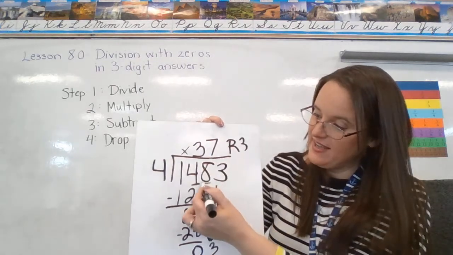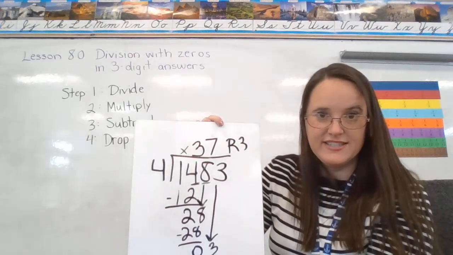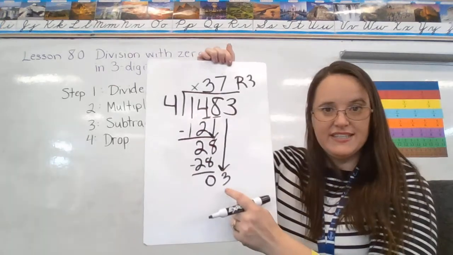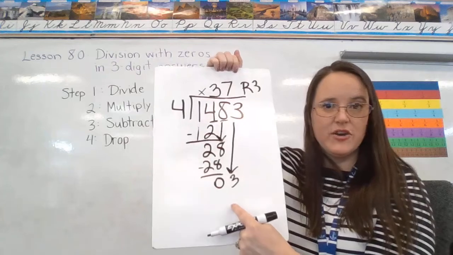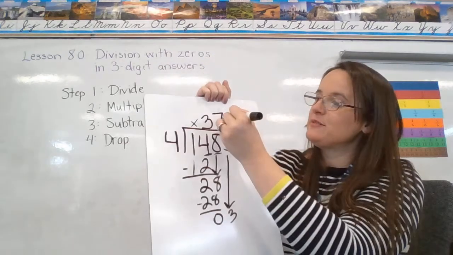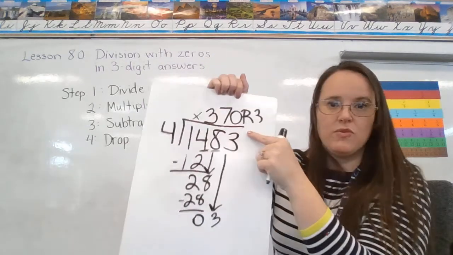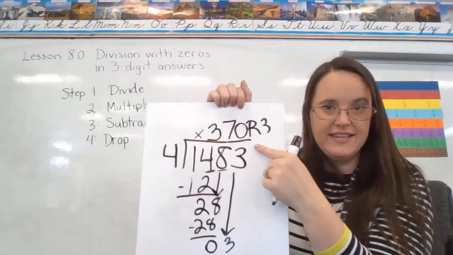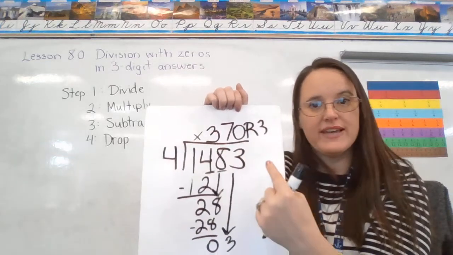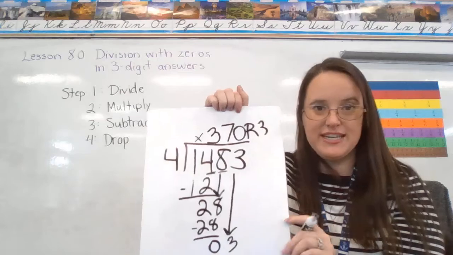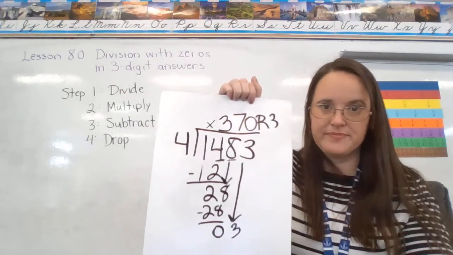Your 7 is in the tens place. If you get to the end here and you say, no, 4 doesn't go into 3, at this point you must write a 0 in your ones place so that you can get the correct answer of 370, remainder 3.